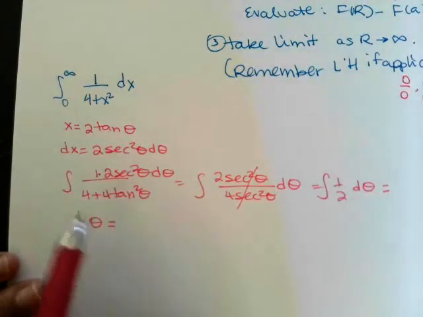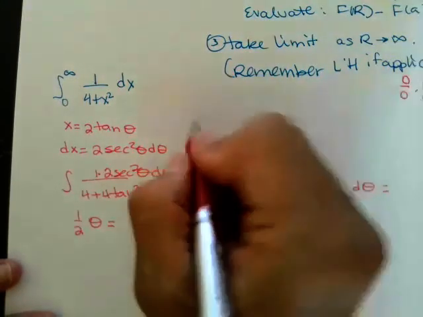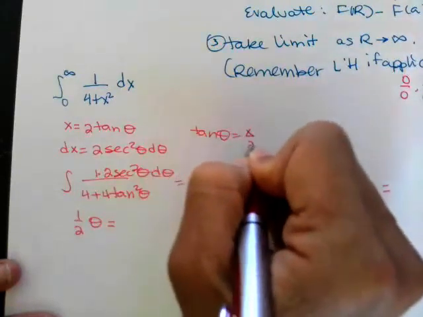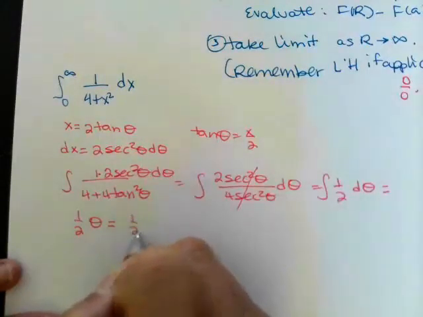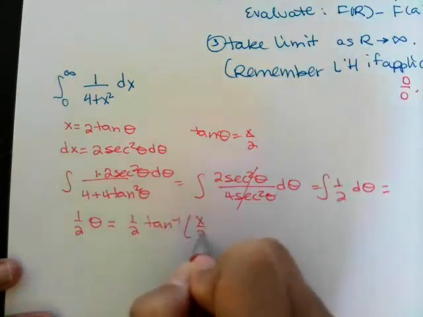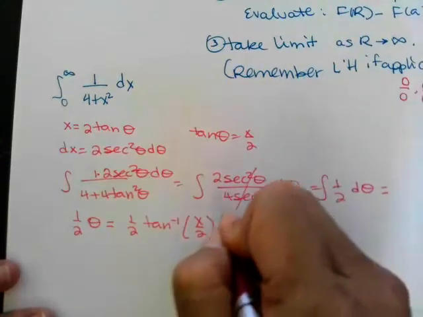But theta, I need x's, so back here, tangent theta is x over 2, so theta is inverse tangent x over 2. Okay, so I didn't have a chance to switch my limit, so I'll go ahead and do that now.